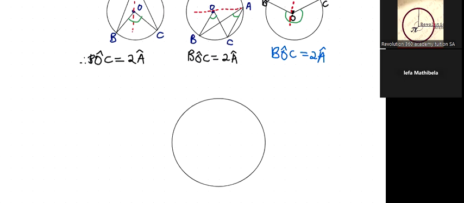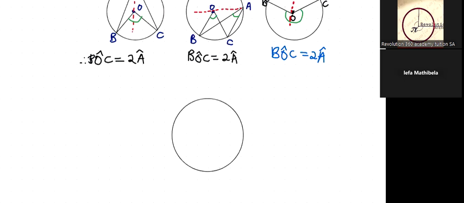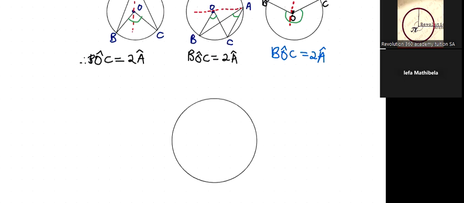Theorem 3: if the diameter of the circle subtends an angle at the circumference, then the angle subtended is a right angle. Angle in a semicircle is a 90-degree angle.